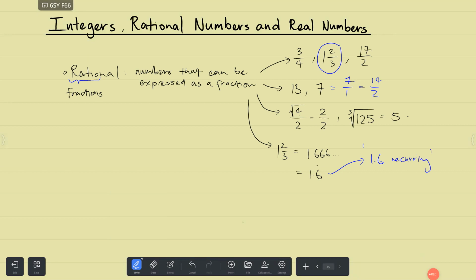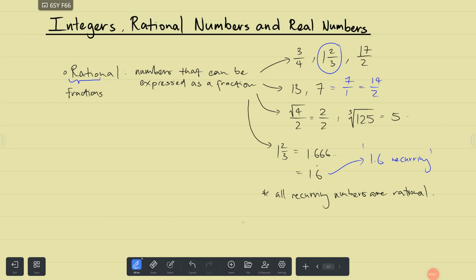We'll visit this later on, but for now you need to also understand that all recurring numbers are rational because they themselves can be expressed as a fraction.